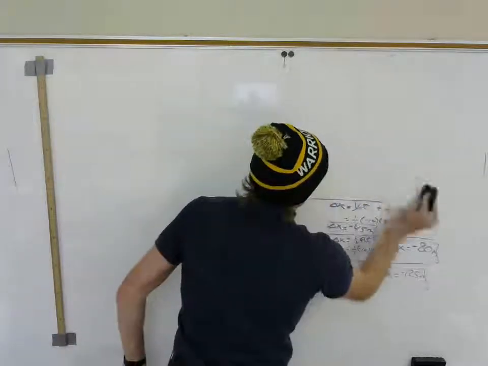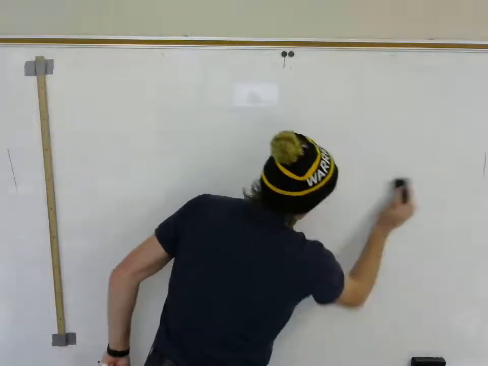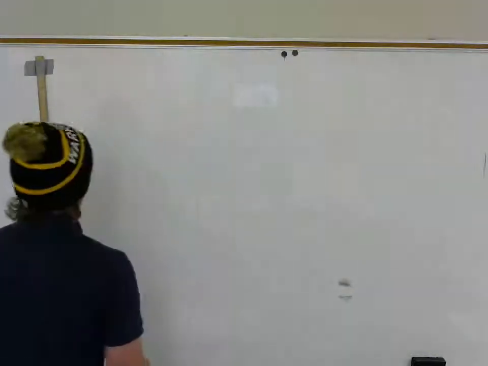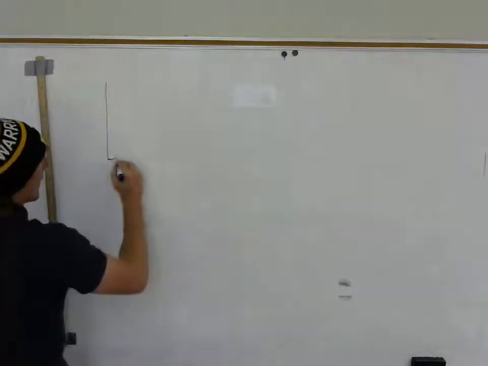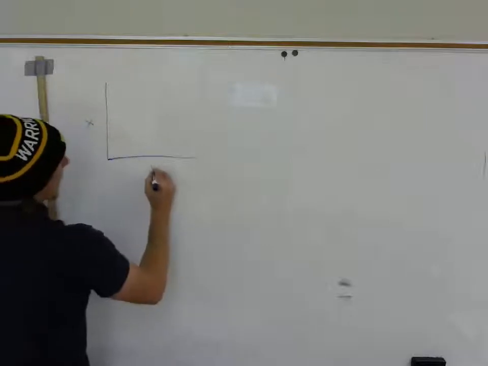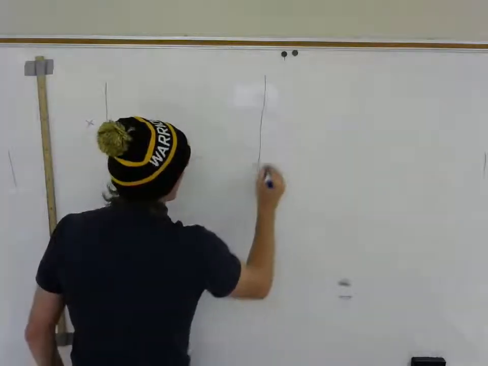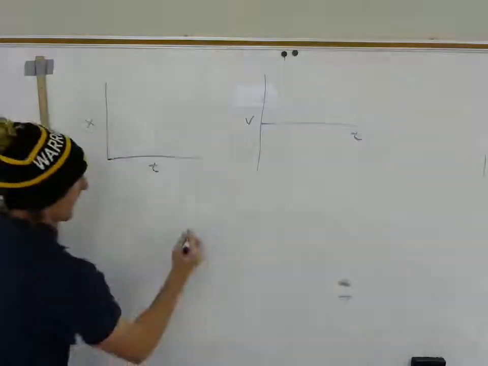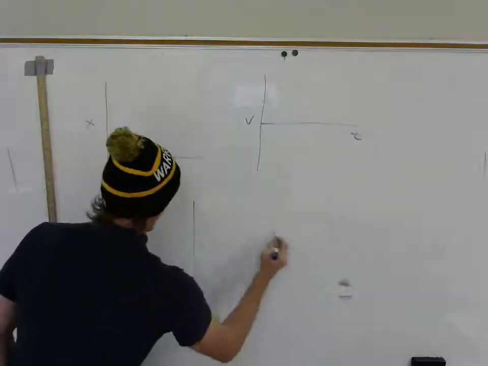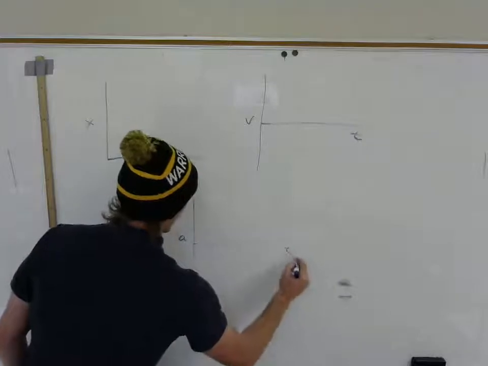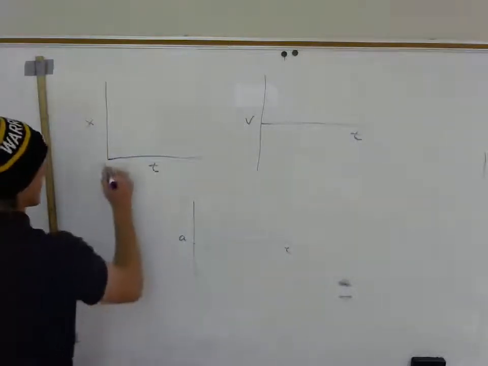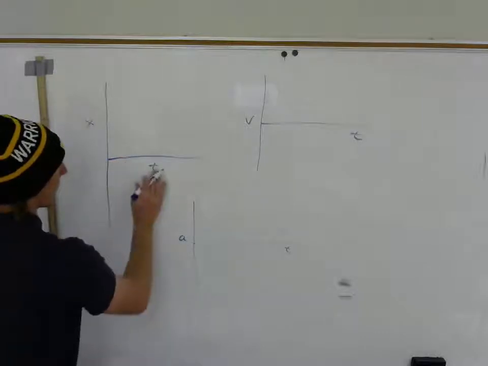Make sure we're remembering the details, meaning we have an x-t graph, a velocity time graph, and then an acceleration time graph. If we're looking at something qualitatively, okay.